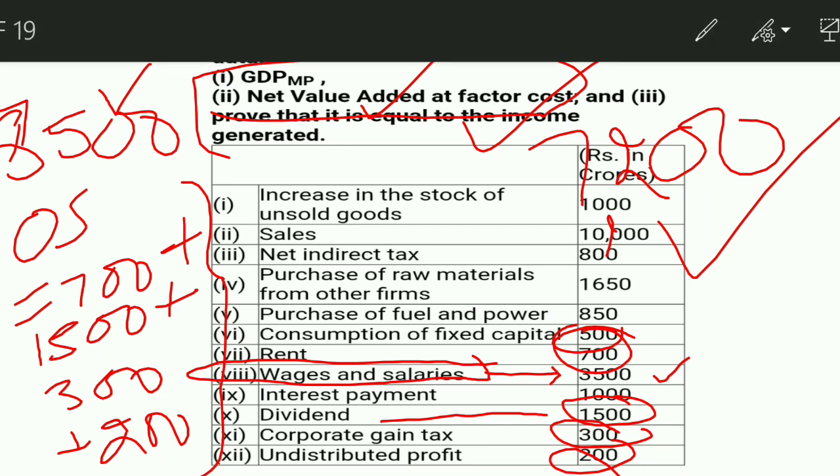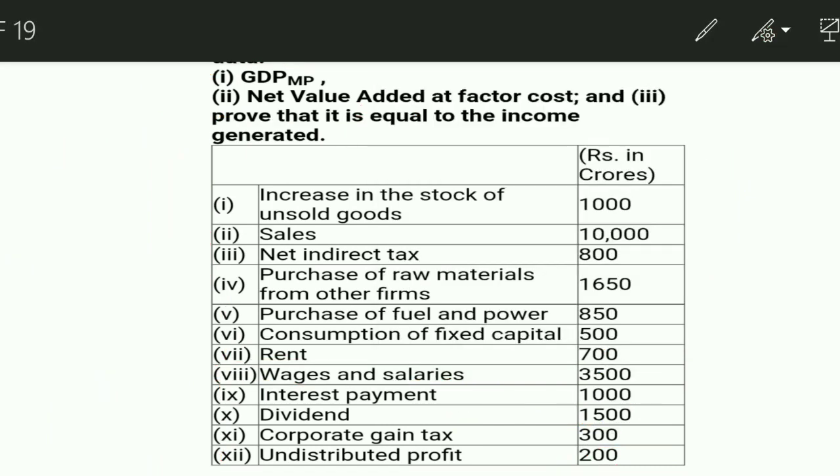Now remember one thing: first of all, mention the theoretical aspect, that is why it is equal. Net value added at factor cost also includes only these three things: compensation of employees, operating surplus, and mixed income of self-employed. It is extracted by subtracting intermediate consumption, depreciation, and net indirect tax from value of output.